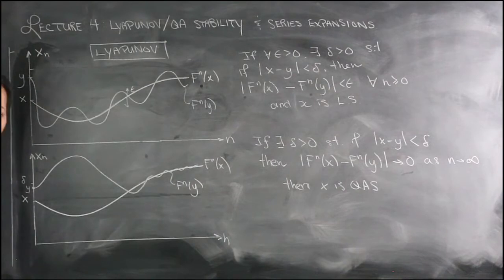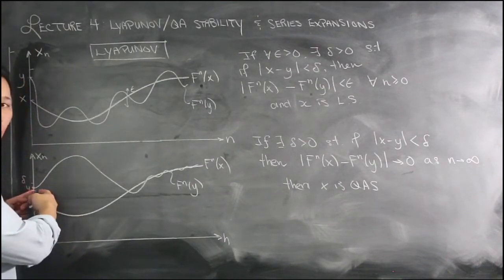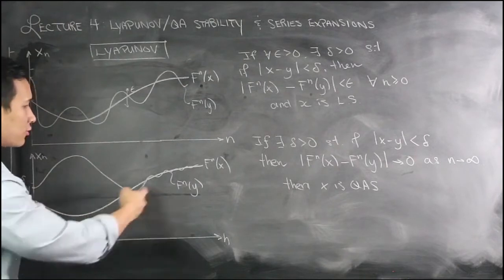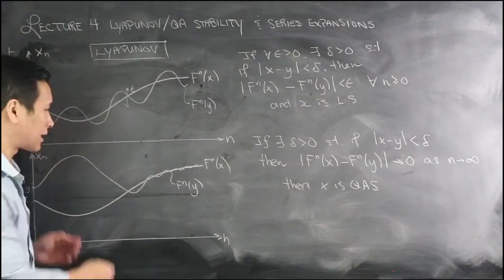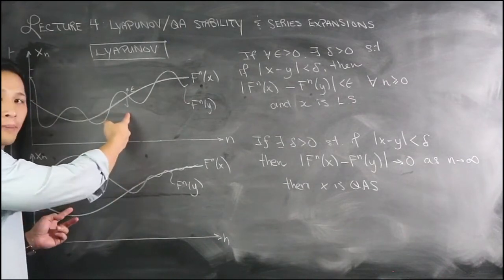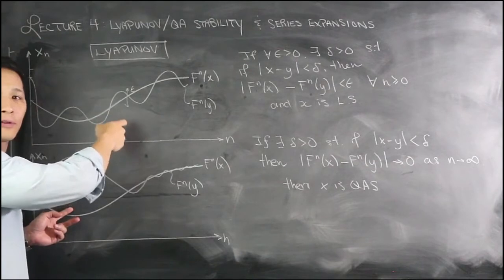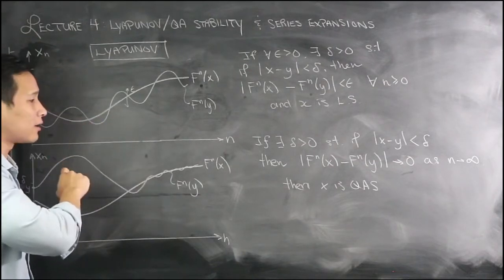Notice that according to this definition, there's not a requirement that the image of y stays close to the image of x. It's allowed to stray further away, which is different from Lyapunov stable. In Lyapunov stability, if you start near, you have to stay near.